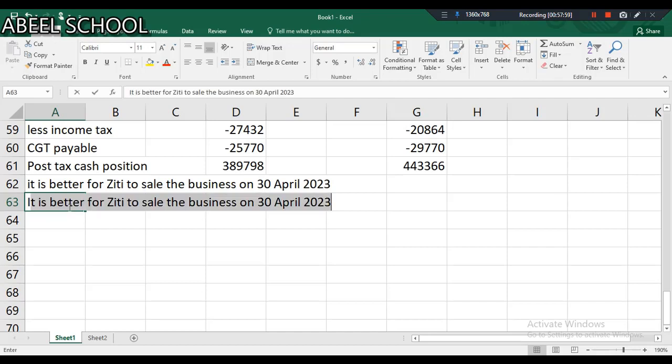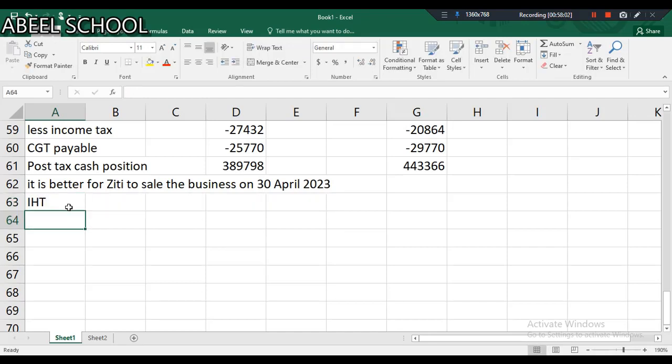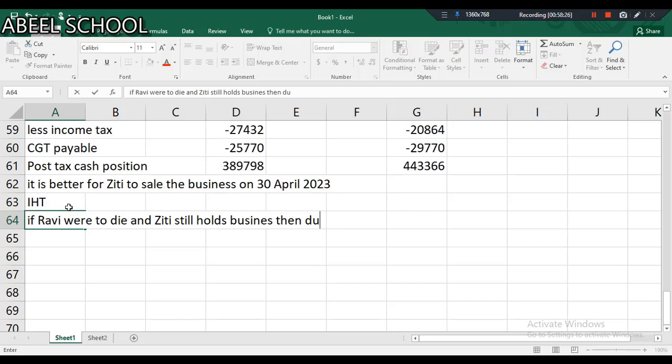So we are solving for IHT. If Ravi were to die and ZT still holds the business, then due to 100% BPR, no IHT arises.